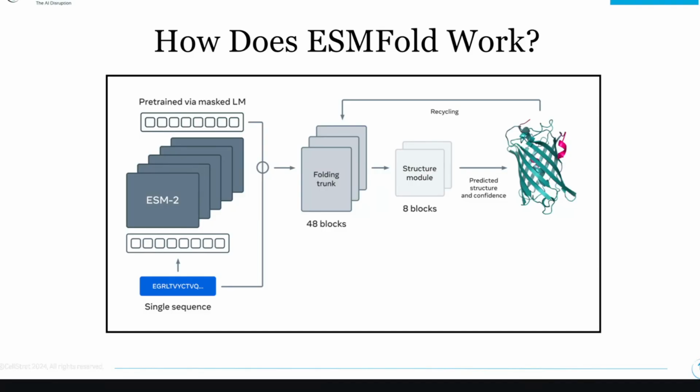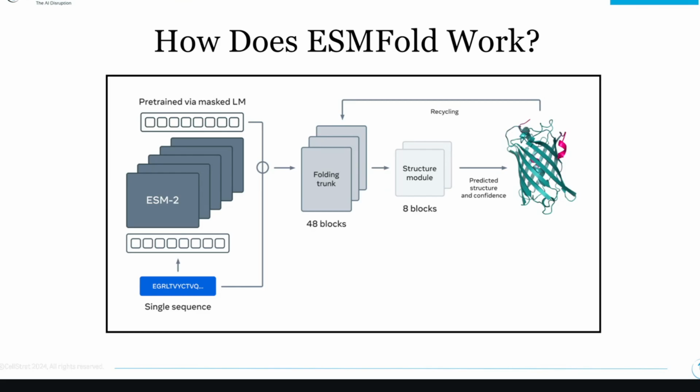Then we have the 48 block folding trunk. Once it passes through ESM2, the transformer processes the sequences through multiple layers of 48 blocks to extract the structural information.